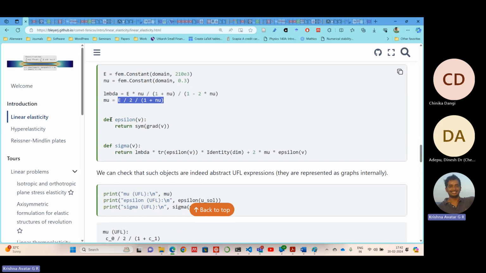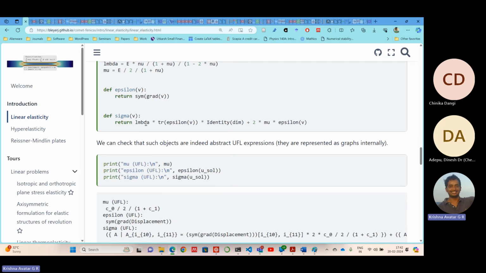Likewise, we can define what we mean by epsilon. So epsilon will take some argument, and then it will return the symmetric part of the gradient of v. And sigma, which is the stress component, will multiply lambda into trace of epsilon(v) into identity of dimension 2, plus 2 into mu into epsilon(v).